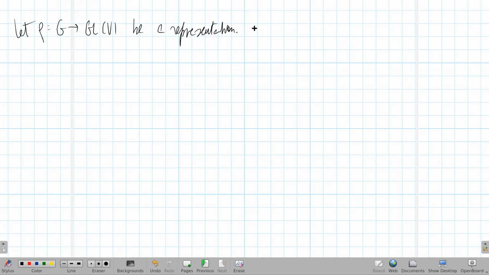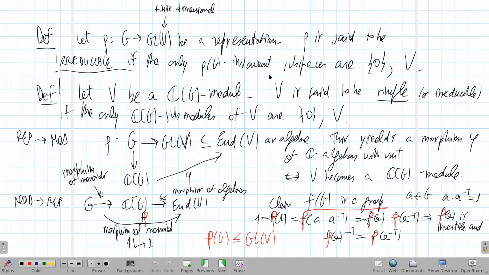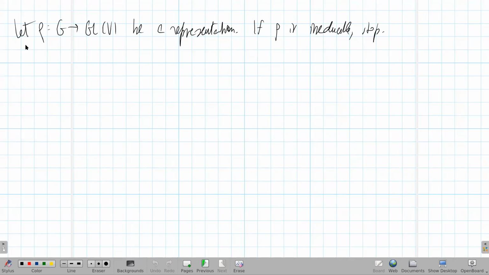If rho is irreducible, okay, stop. Irreducible means that the only rho G invariant subspaces are these two. Otherwise, if it's not irreducible, then it's reducible.